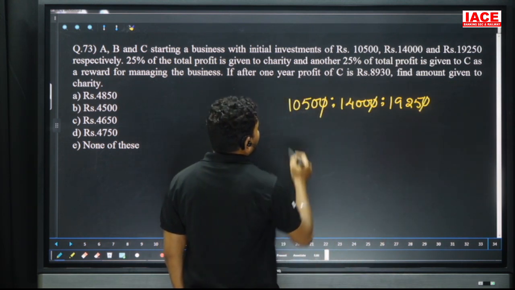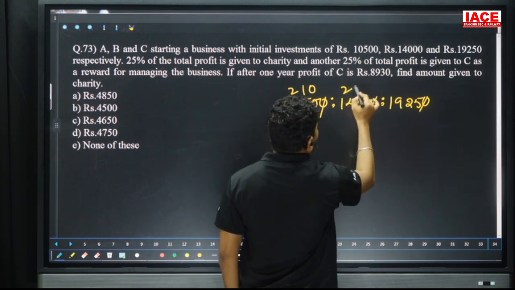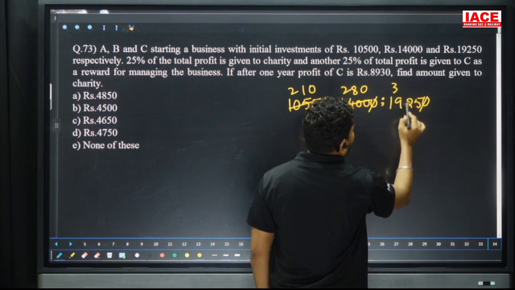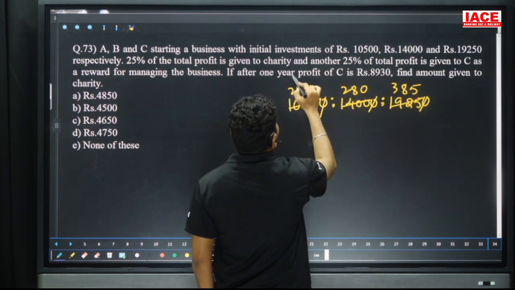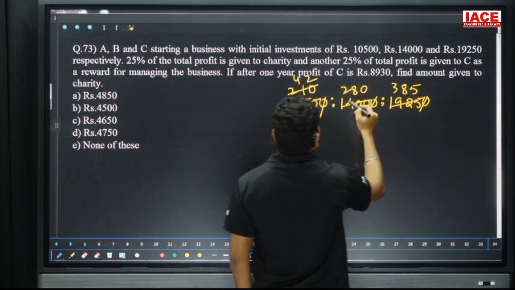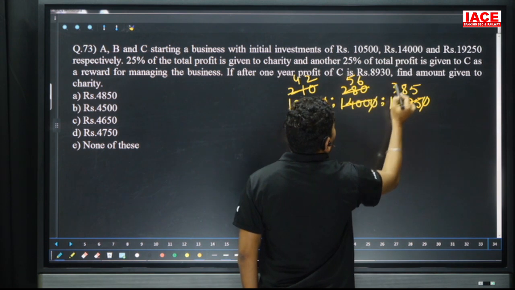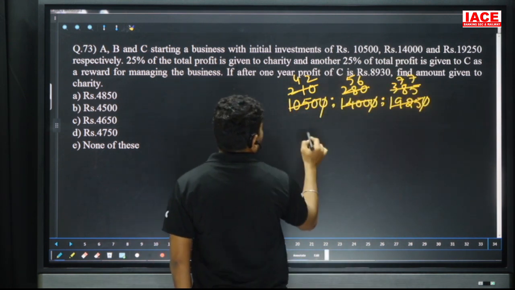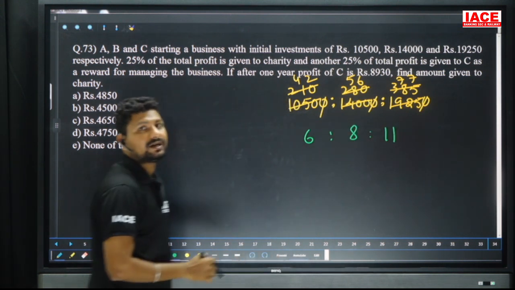Cancel with 5: 5 2s are 510, and again cancel with 5: 5 2s are 80, and 5 3s are 15. Remaining values 42, 5 8 and 5 5, again cancel with 5. Here 5 5 25, 5 6 and 5 7 5 7. This again cancel with 7: 7 6, 7 8 and 7 11. This is the final ratio 6 is to 8 is to 11.